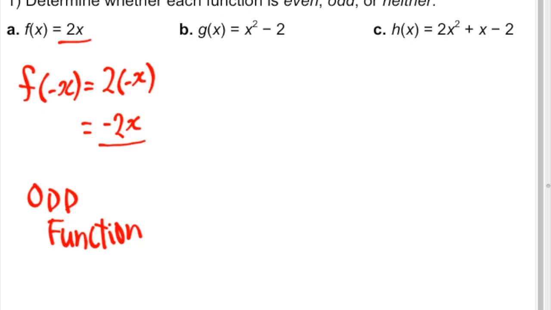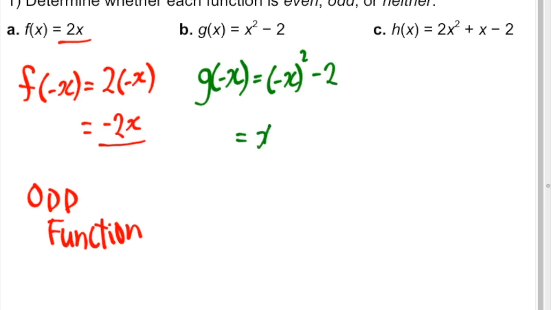So let's try again. G of negative x will equal negative x squared, in parentheses negative x, squared minus 2. You're basically just plugging in negative x in all of the x values. So you get negative x times negative x becomes positive x squared, and then you bring down the negative 2.